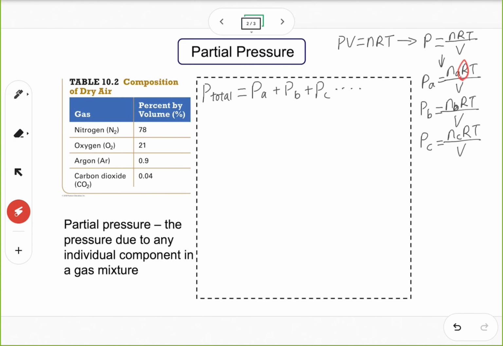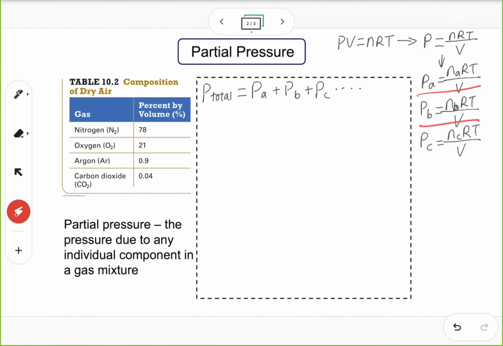But R would be the same for each gas component, and temperature would be the same because you are talking about the temperature of the whole gas mixture. Therefore, for each individual gas component, T would be the same. How about the volume? If you are talking about a gas mixture with a certain volume, the volume of the mixture itself would be the volume of the individual gas components. So V would also be the same for those gas components.